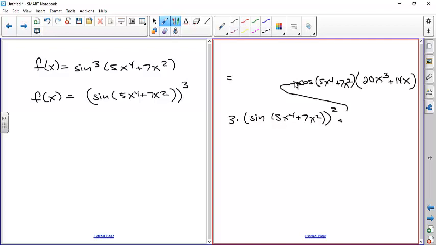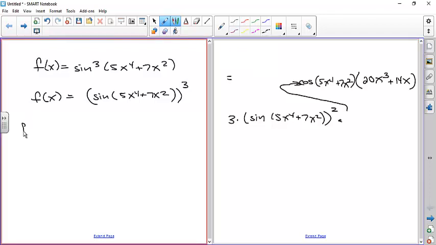Now I'm going to show you the long way and show you that hopefully I got the right answer here. So the way you would actually do this more formally is you would say that f of v was equal to v cubed.